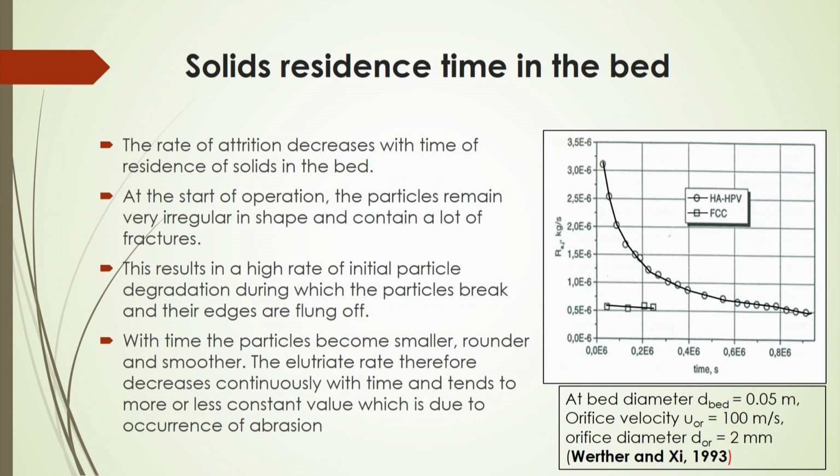At the start of the operation, the particles remain very irregular in shape and contain a lot of fractures, and this results in a high rate of initial particle degradation, during which particles break and their edges are turned up.